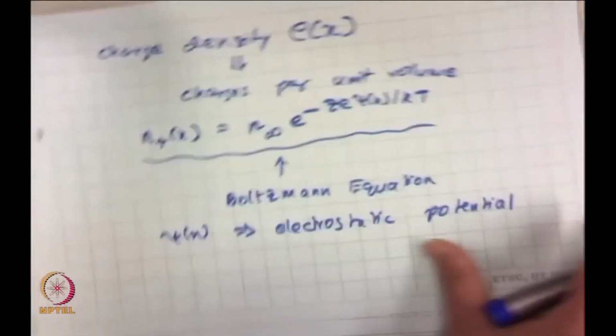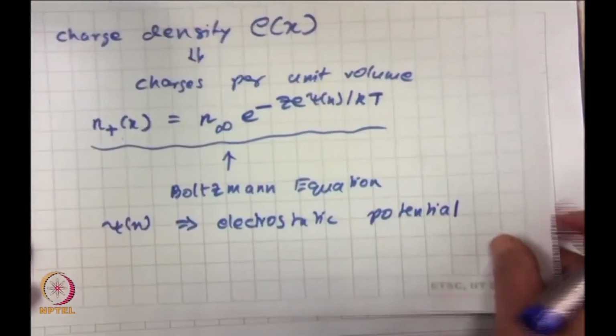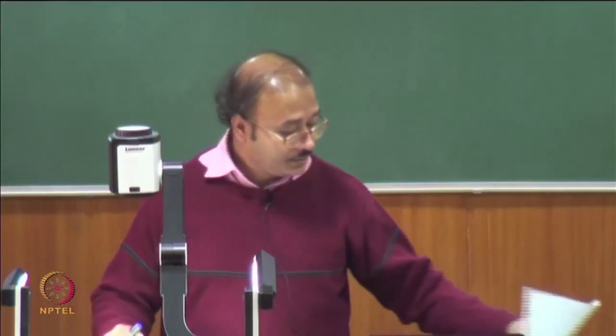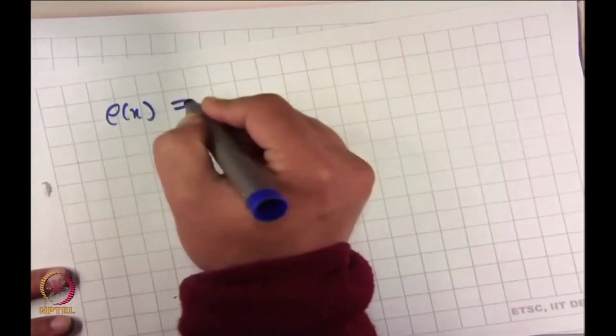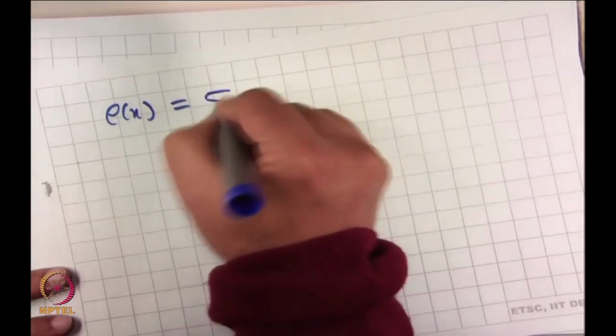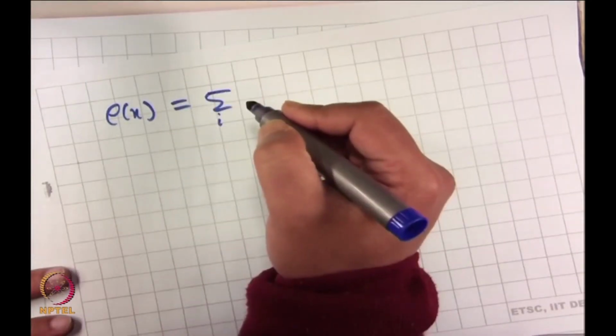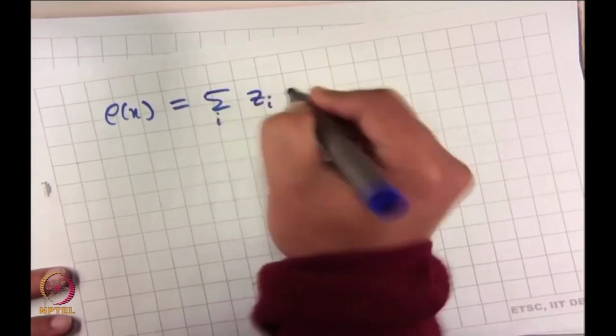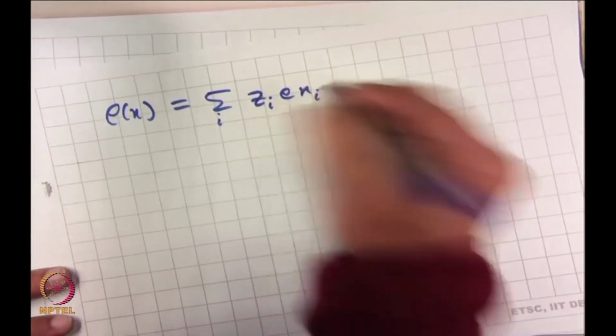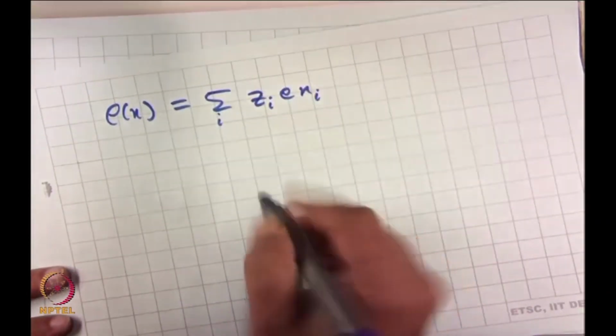Now, if you look at the total charge density, rho of x, I can write it as a summation of all charges present. That means I can write sigma over i, z_i e n_i.